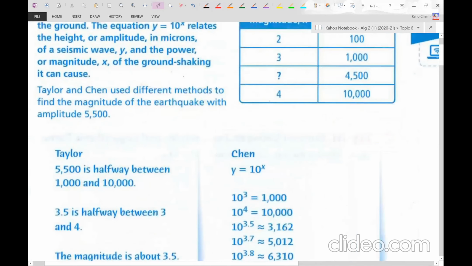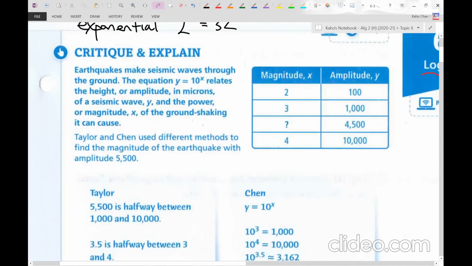Okay, we have a little word problem to start off with. Don't worry about it too much, there's a lot of vocabulary here to digest. Earthquakes make seismic waves through the ground. The equation y equals 10 to the x, and there it is, my exponential function, relates the height or amplitude in microns of a seismic wave y and the power or magnitude x of the ground shaking it can cause.